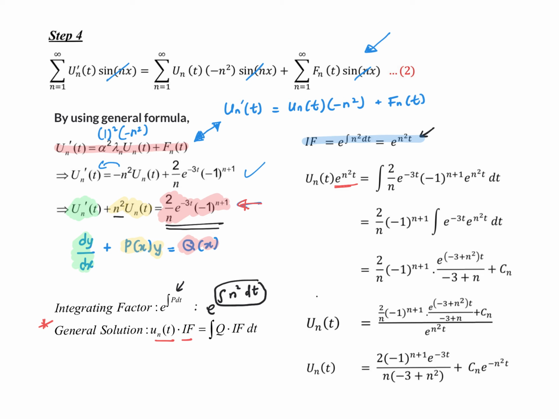So this one is our q and this one is our IF. Okay, now let's put the exponents together on the right side and we just solve this equation. And then the final answer will be this one.